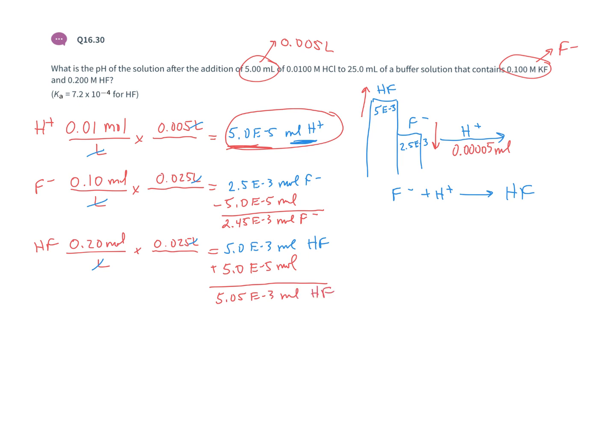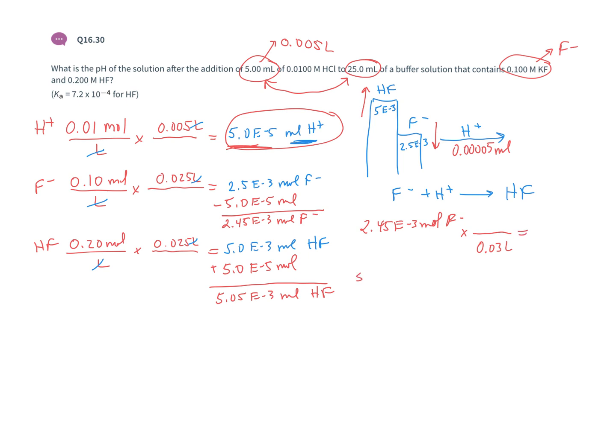Before I can do the Henderson-Hasselbalch calculation, I need to put this back into concentration. So I have 2.45 e to the negative 3 moles of fluoride, and that is now in 0.03 liters. I add together the 5 milliliters of the acid and the 25 milliliters of the buffer, so my new volume is 0.03 liters, or 30 milliliters.